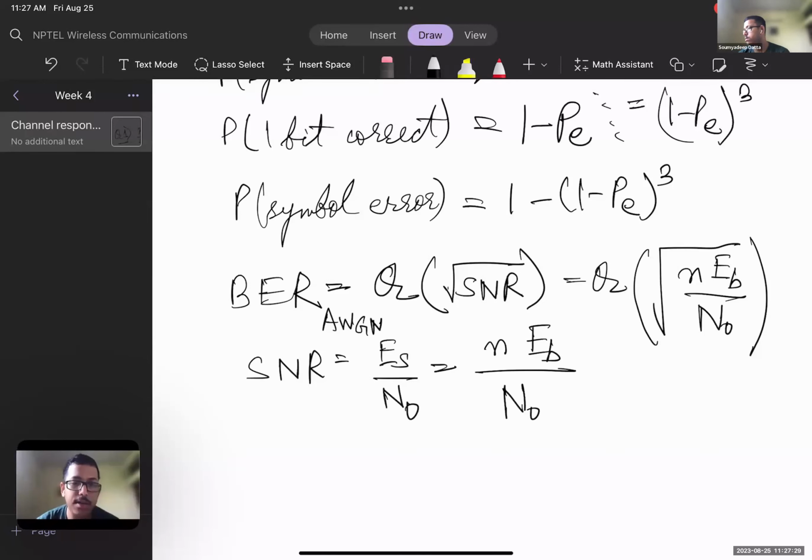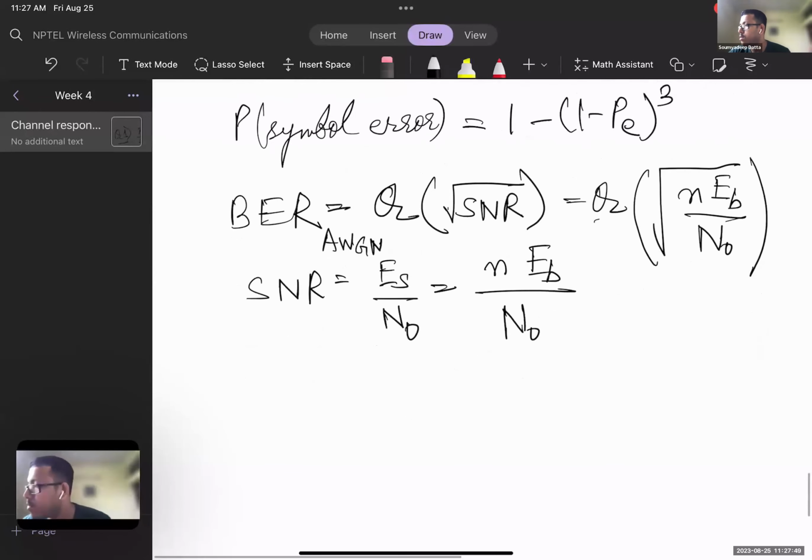This is the exact expression. For the Q function, you cannot really calculate by hand. You have to use Q function tables online or on your calculator or MATLAB, wherever.